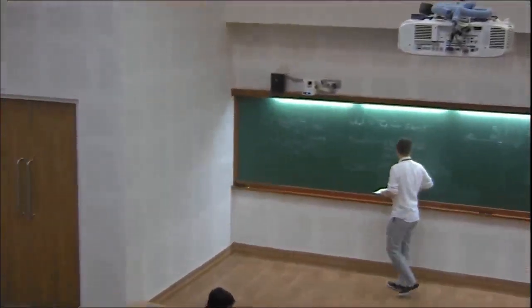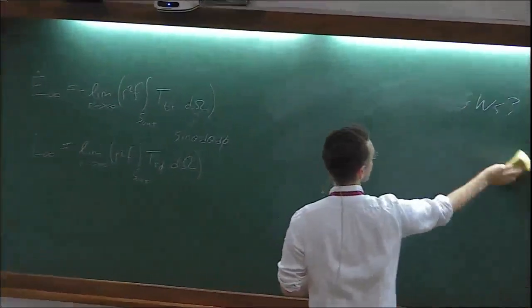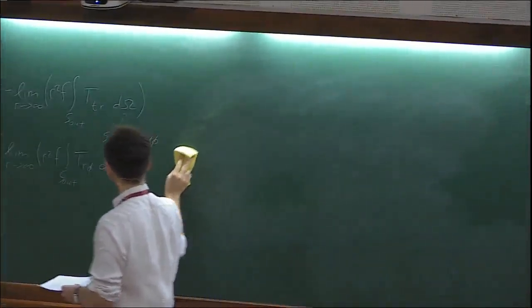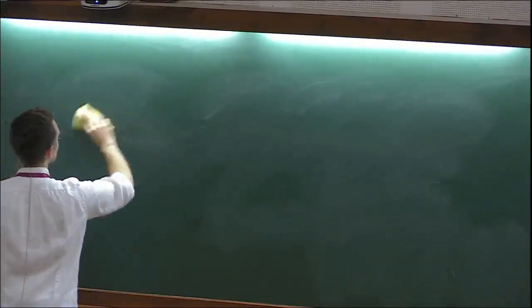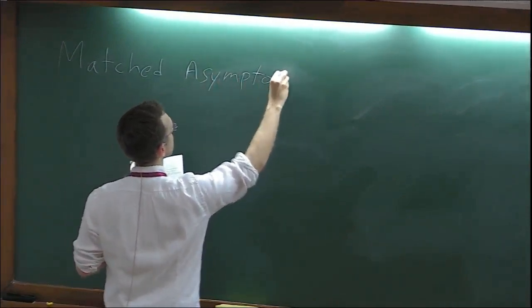But you need to know the full self-force in order to do any better than that. So in order to do even adiabatic inspirals of generic orbits in Kerr, because you need to know how the Carter constant is evolving. And certainly to go to post-adiabatic order, you need to know much more about the self-force. Okay, so how are we going to derive what the self-force is? We're going to use a method called matched asymptotic expansions.